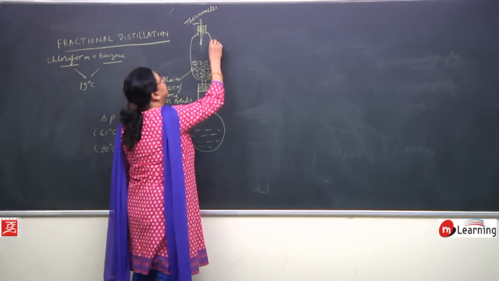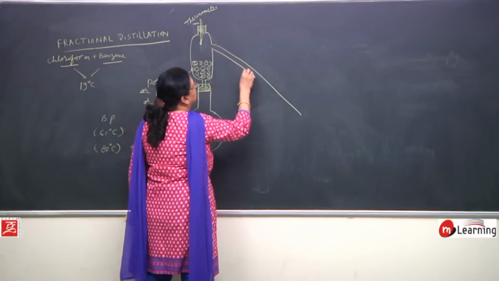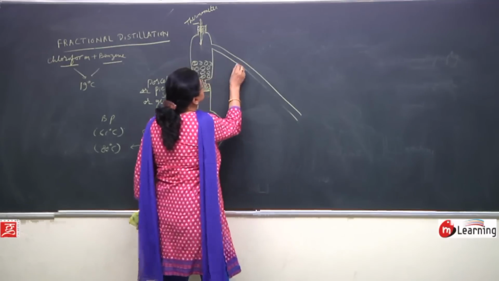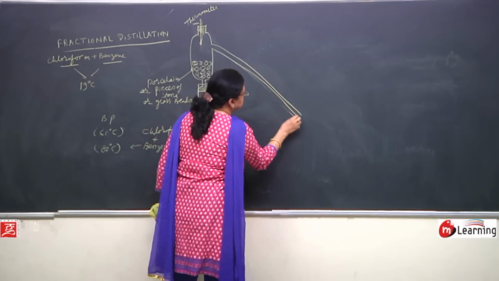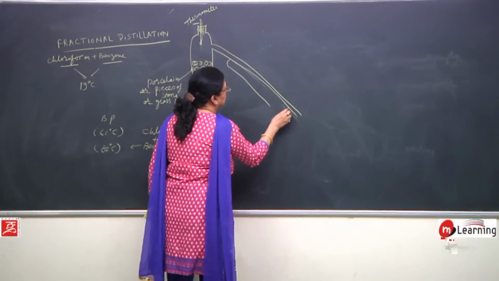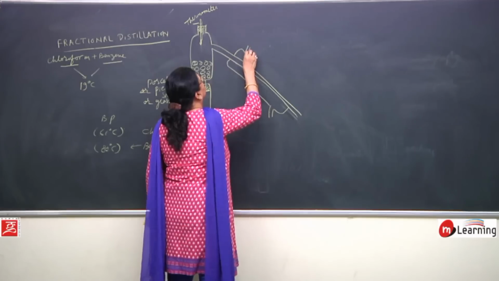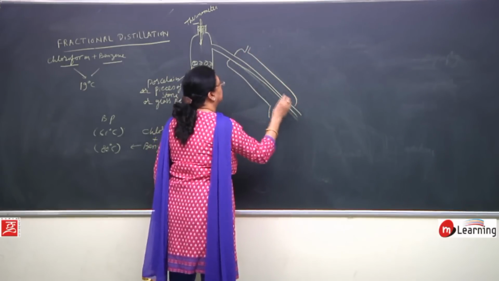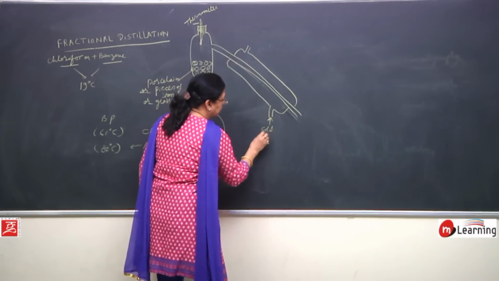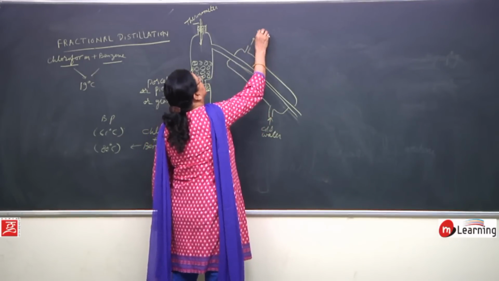Again, the same thing here. To this fractionating column is attached a condenser. This is the condenser. Here cold water is introduced and hot water comes out.